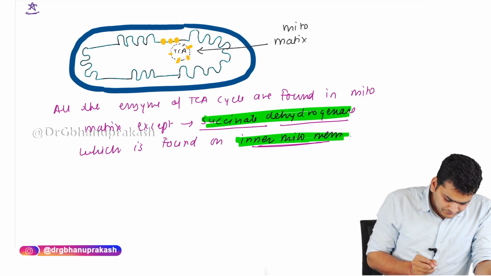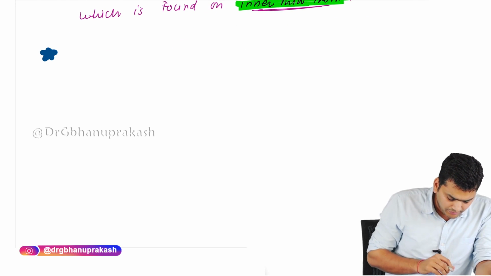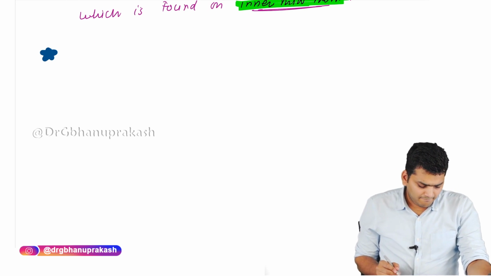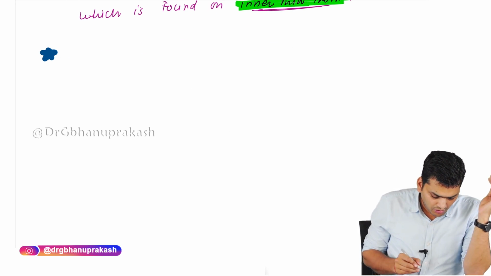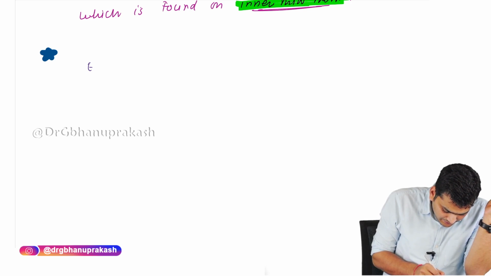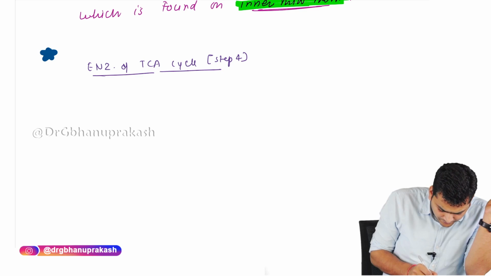Then the last point in the TCA cycle that we need to remember: there is one enzyme that we have written in the Krebs cycle with the name of alpha-ketoglutarate dehydrogenase. The enzyme in step number 4 was alpha-ketoglutarate dehydrogenase.